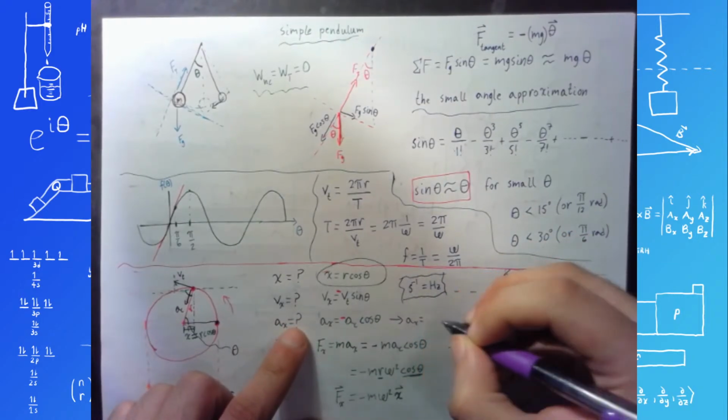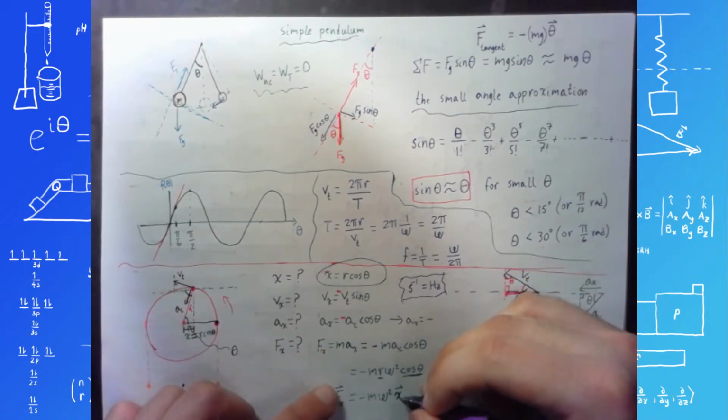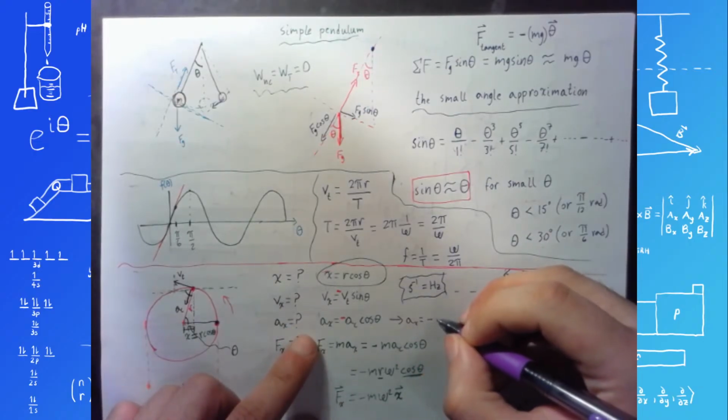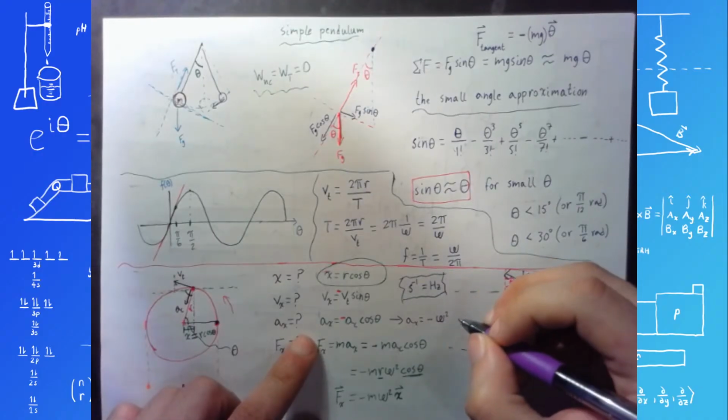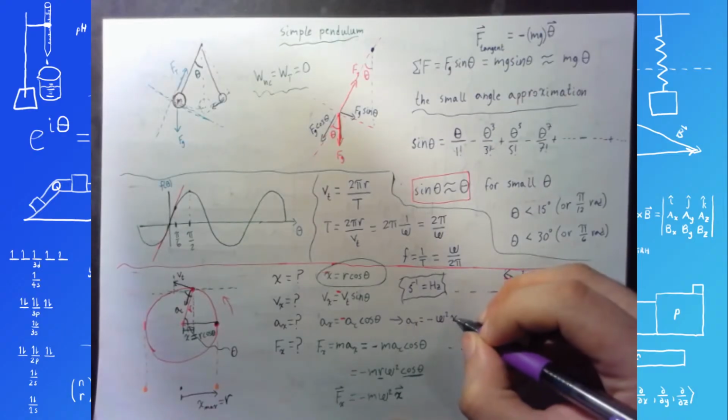Ax equals negative, if I take the force divided by m, it's going to be negative omega squared times x.